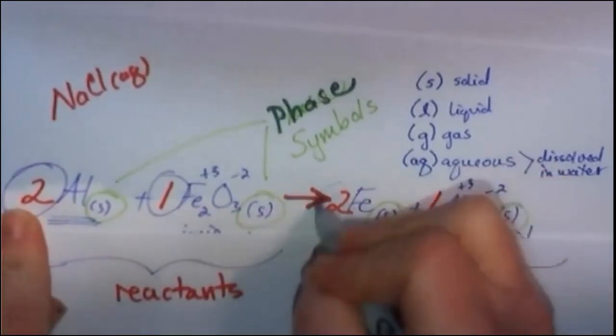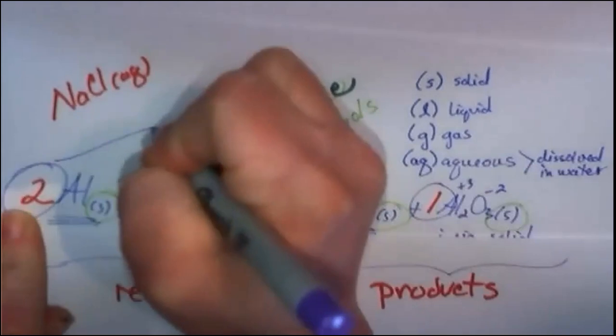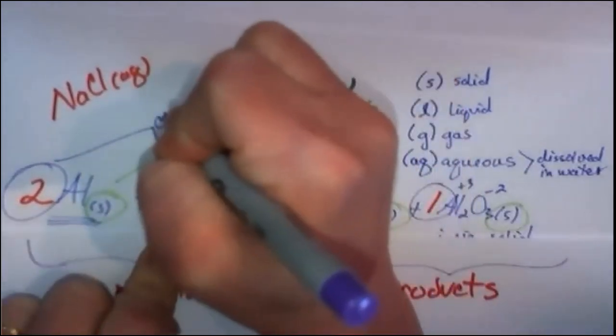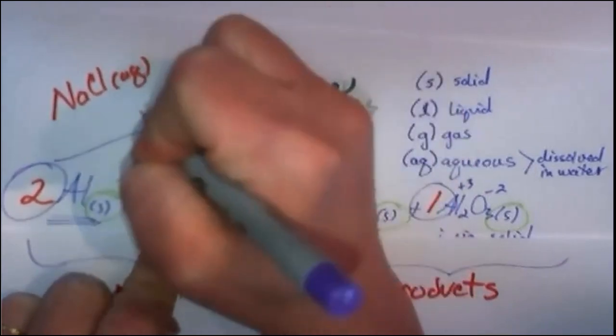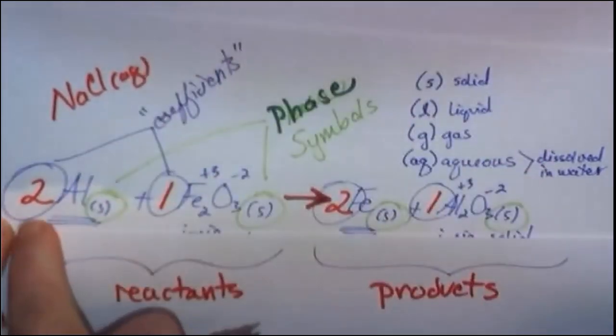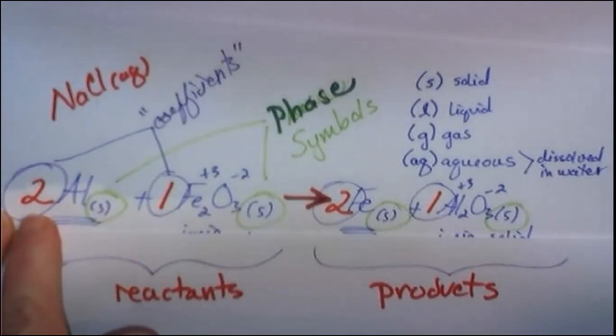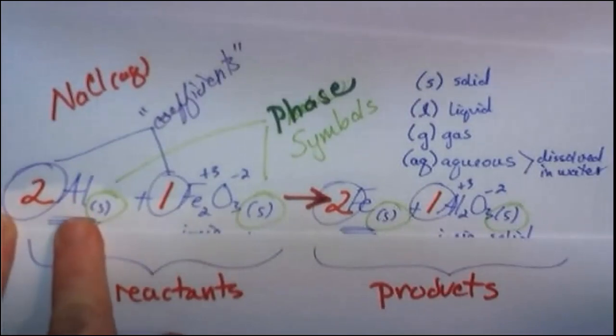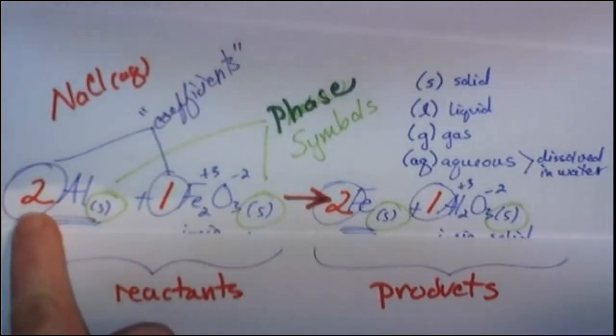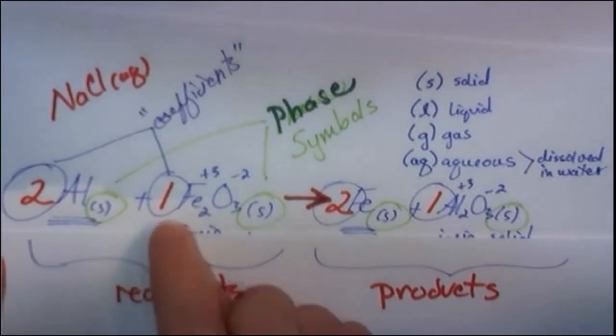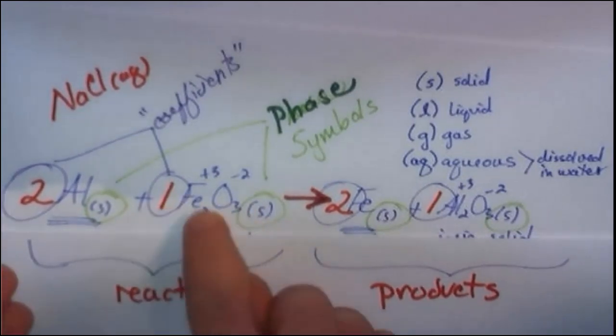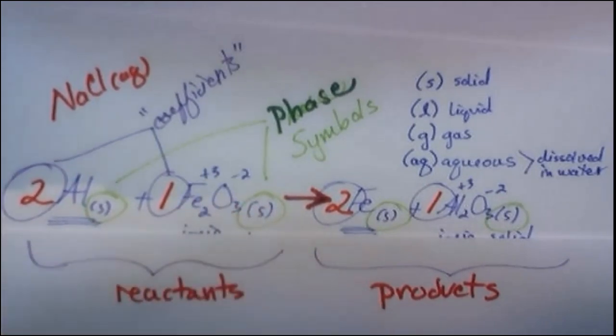These are coefficients, and we're going to talk about in a little bit what they are meant to do. But that's the proper name, coefficients. So coefficients are written in front of chemical formulas, and they're as large as the chemical formula. You would only ever add a coefficient in front of an entire chemical formula. Coefficients are never added within a chemical formula.